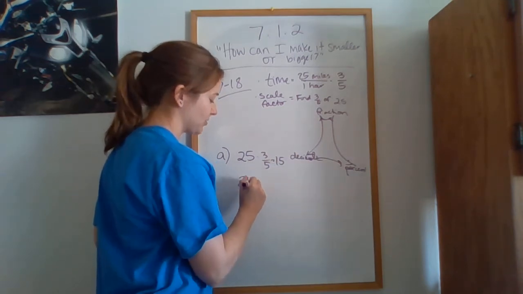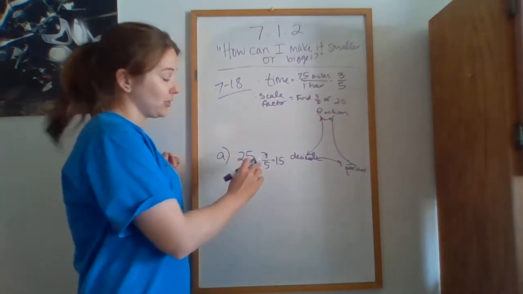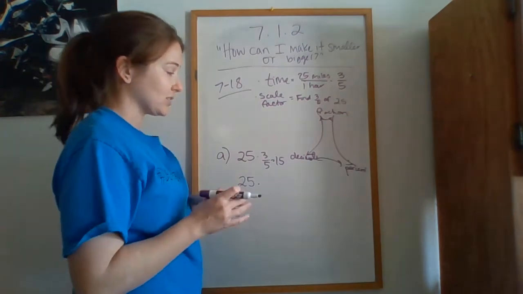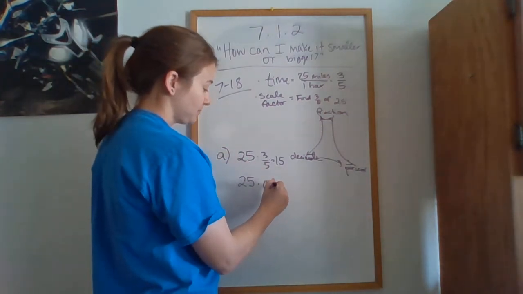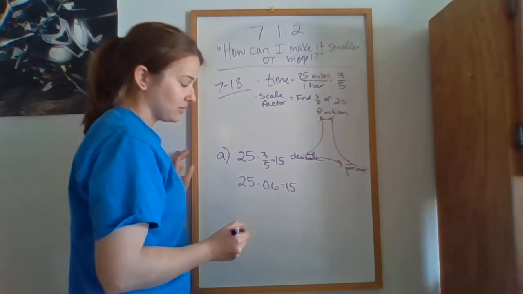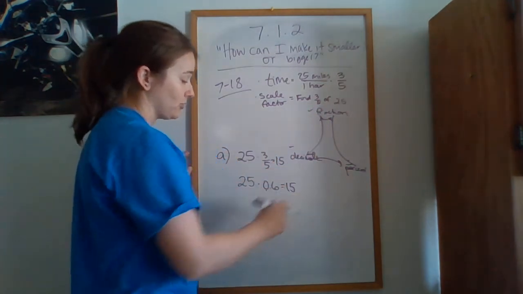So our first one, let's do decimal. What you need to do, if you don't already know, is plug 3 divided by 5 into a calculator to get your decimal. And the decimal ends up being 0.6, and that's the decimal part. So the decimal's done, the fraction's done. Now we need to do the percent.